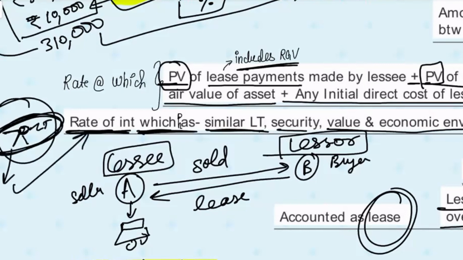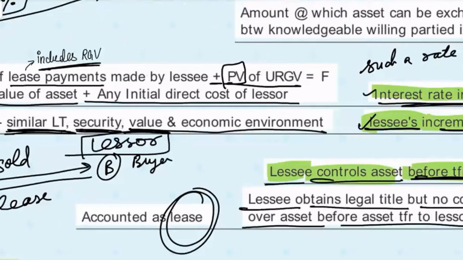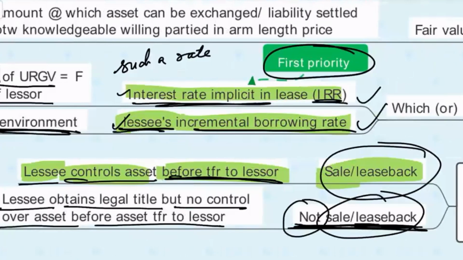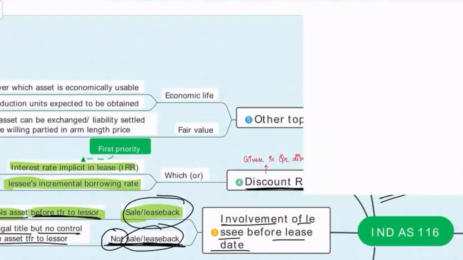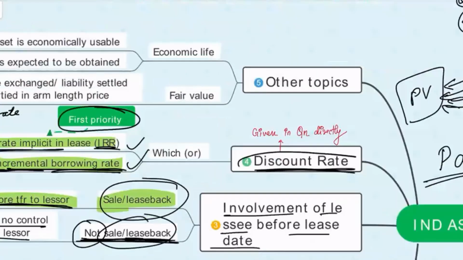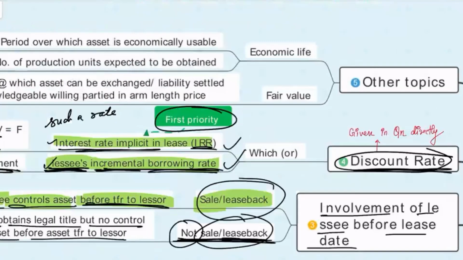So the rate with similar lease terms, similar security, similar value of the asset, and similar economic environment can be known as lessee's incremental borrowing rate. Okay. So either this or that you can use to find your discount rate. Give first priority to the implicit rate if both are given in the question. If only one is given in the question, take that.